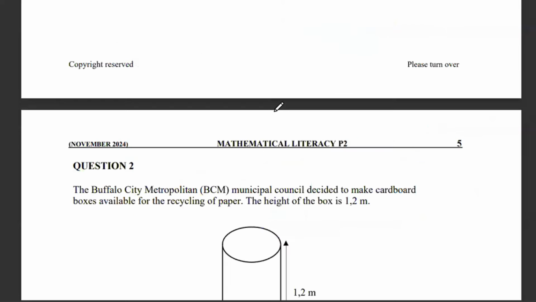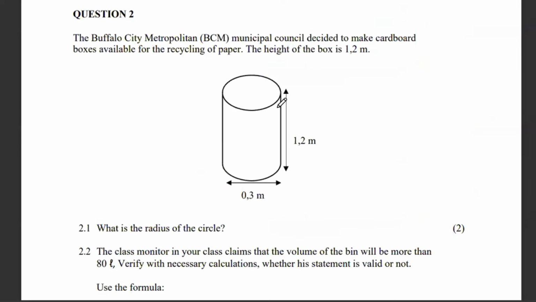We look at question number 2. Buffalo City Metropolitan Municipality, the BCM Council, decided to make cardboard boxes available for the recycling of paper. The height of the box is 1.2 meters, and the diameter. This is the diameter because it's coming from one end to another end.